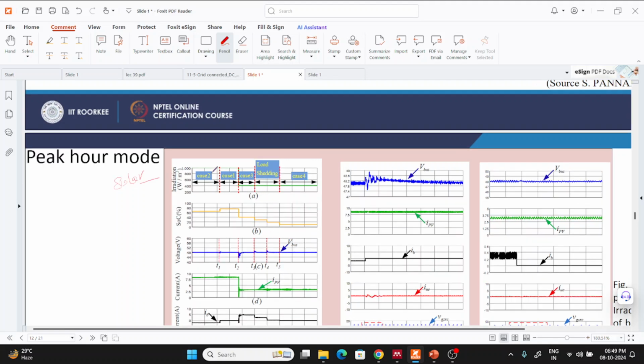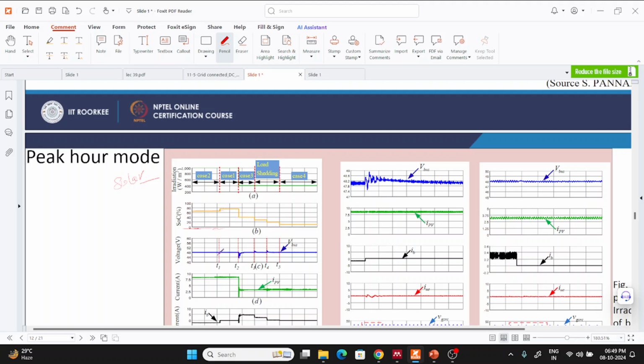Okay, so first it shows the variation of the irradiance. Then the second graph is of the SOC of the battery, the state of charge. How does it vary? It starts from 60, then charges for case 1, then for case 2, and in case 3 the battery discharges. Then for the load shedding, the battery also discharges because it is supplying the power.